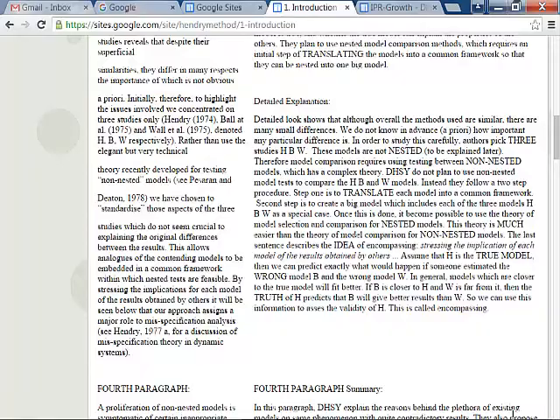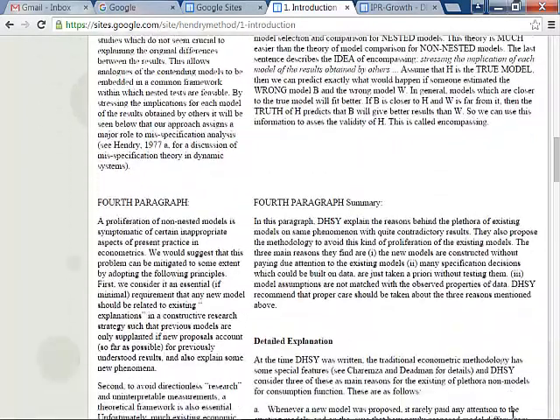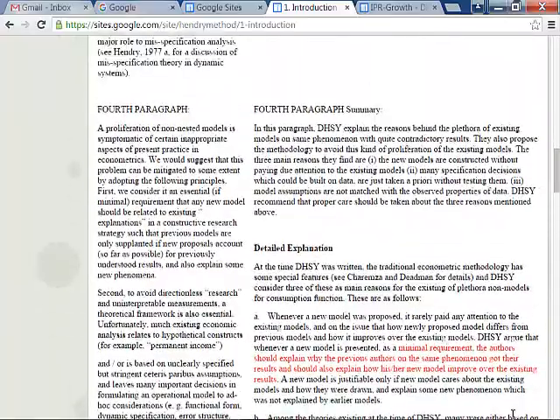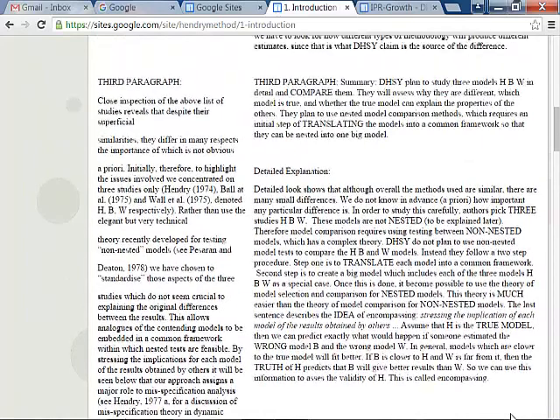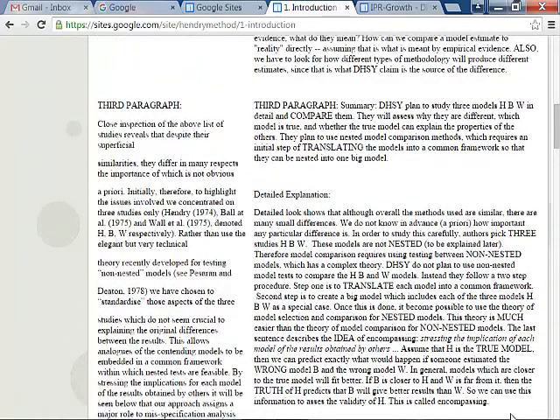I have the dates. It was in the late 70s, 78, okay. Now, they actually completed this research in about 1975, and they found a model which was better than 3 existing models.